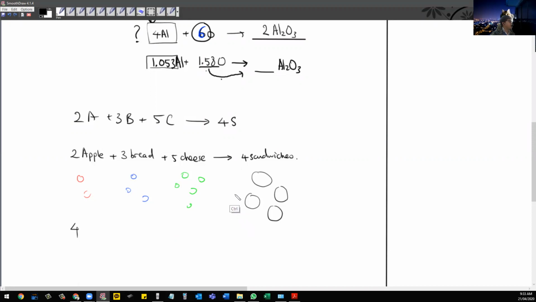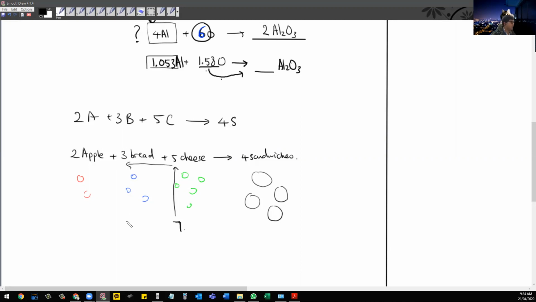However, when it comes to something like, all right, I've got 7 cheese, how many sandwiches can I make with 7 cheese? And how many pieces of bread and how many pieces of apple do I need? So the rule is, you divide by your own coefficient, and then times by the coefficient of the value that you want.